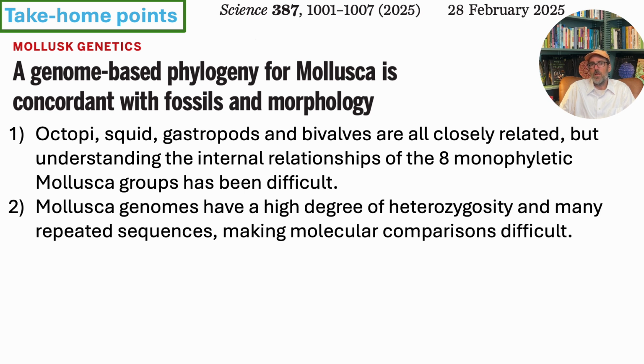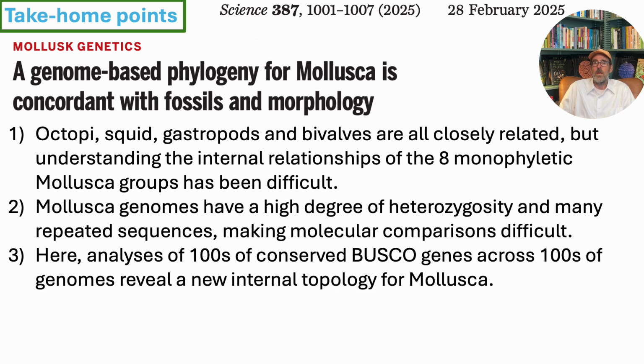So Mollusca genomes have a high degree of heterozygosity and many repeated sequences, and that makes molecular phylogeny and comparisons difficult, because repeated sequences lead to mismatches in DNA sequencing and also in alignment programs, and can throw a monkey wrench into phylogenetic reconstruction programs.